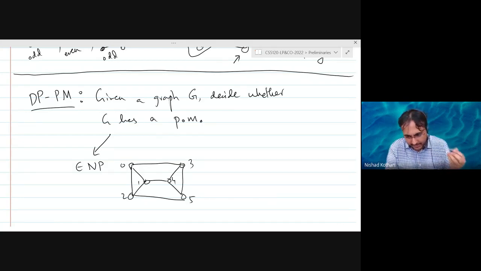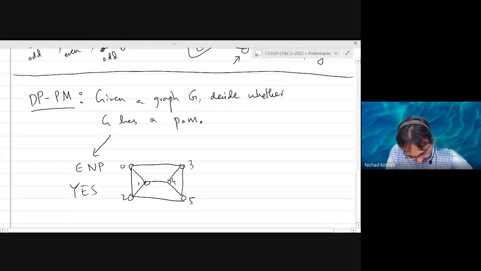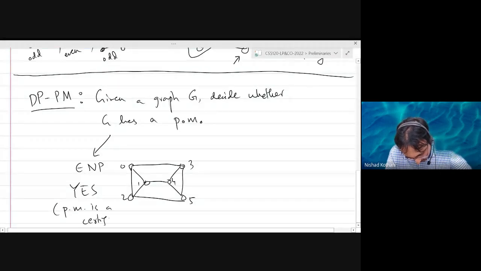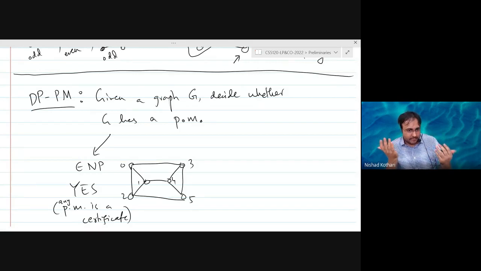You don't need to find it, you just need to show it. How you find it is the algorithmic question. So this problem is in NP because a perfect matching is a certificate. Okay, any perfect matching is a certificate, right? So whenever the graph has a perfect matching, it comes with a certificate that it has a perfect matching.